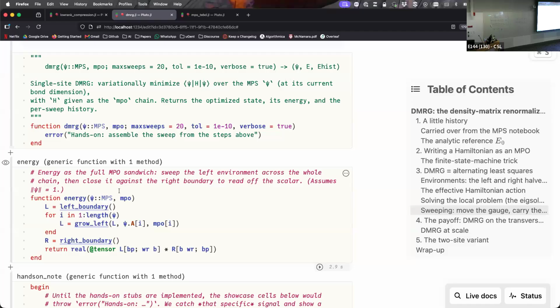So you get a little bit of extra theory because gauging things on not a chain is harder. This is belief propagation and boundary MPS methods. But otherwise, this is basically the same setup as that. I think in that context, it's typically called simple update, but it's the same thing.